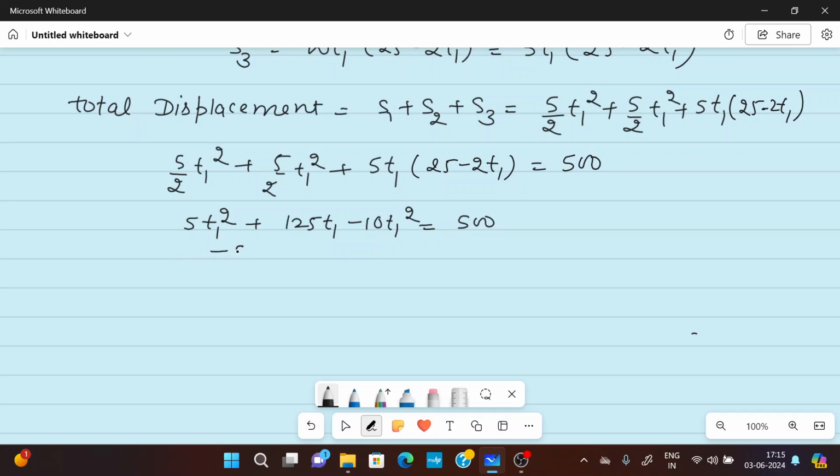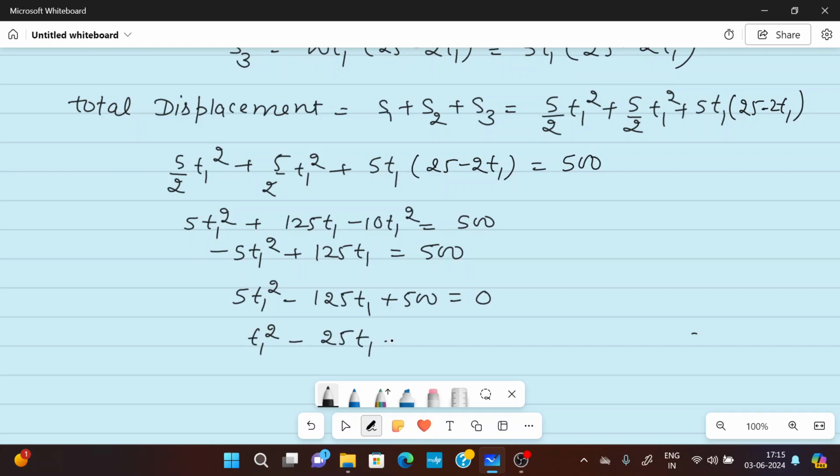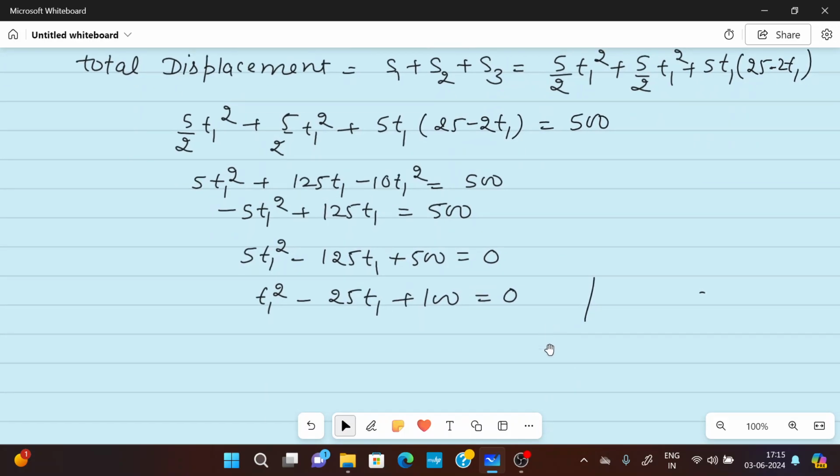So this is minus 5 T1 square plus 125 T1 is equal to 500. So this will come out to be 5 T1 square minus 125 T1 plus 500 is equal to 0. So T1 square minus 25 T1 plus 100 is equal to 0, taking 5 common here, we will get this equation.